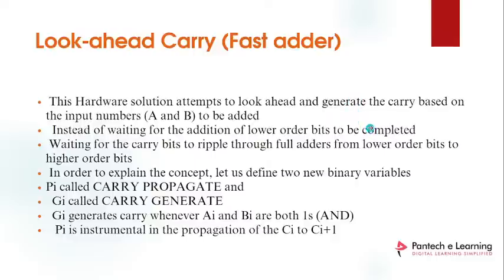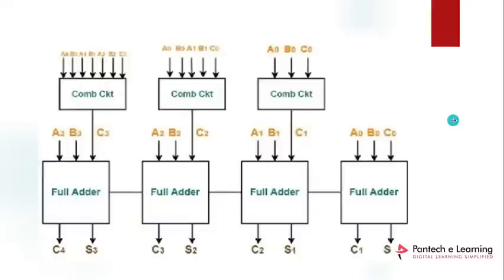This has combinational circuits, as we can see here. This is the circuit for the look ahead adder. It takes direct inputs like A0, B0, C0, which are the input for the full adder.